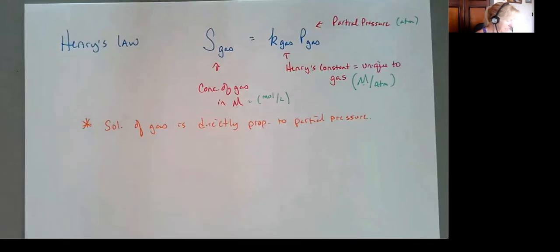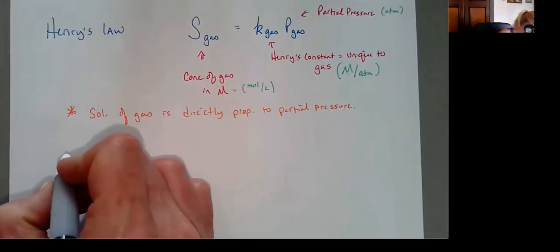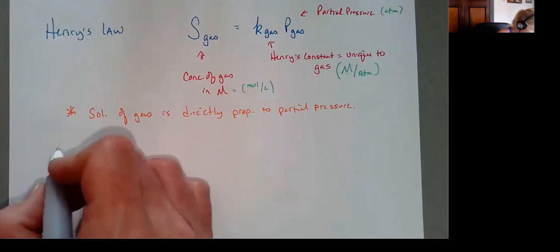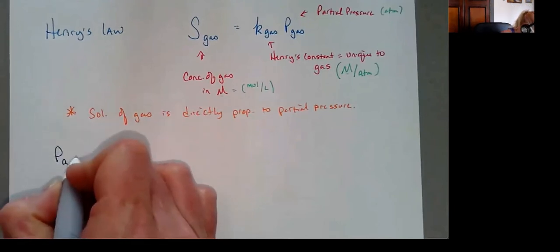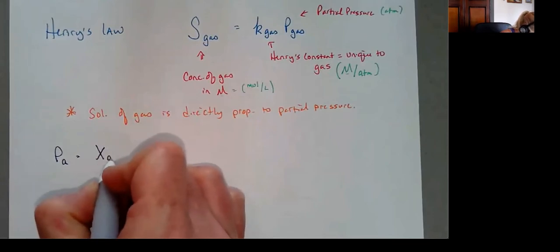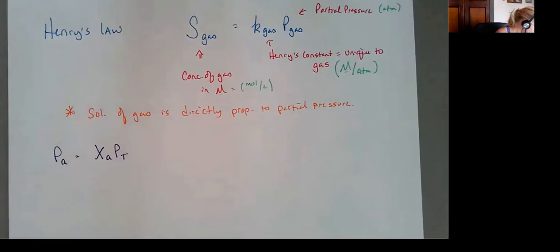And does that make sense based on what we know about gases? If you remember back to the chapter where we talked about gases, we had this equation here, that gases behave ideally, and I can look at the partial pressure of gas A by considering the mole fraction and the total pressure. So this is from an earlier chapter.